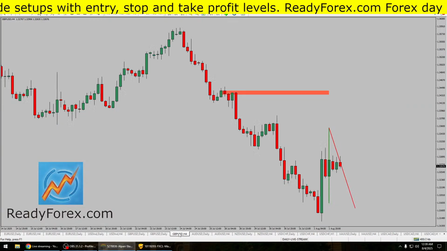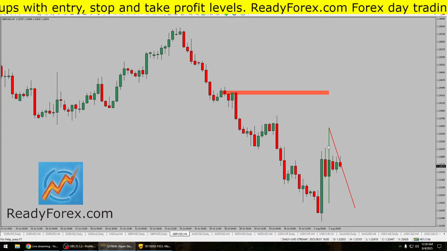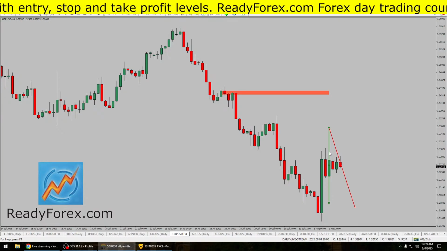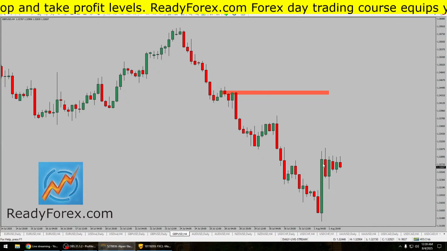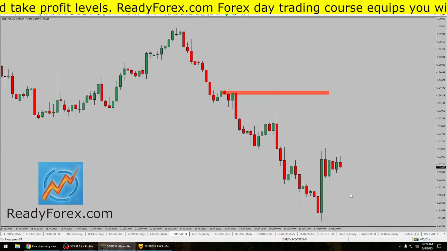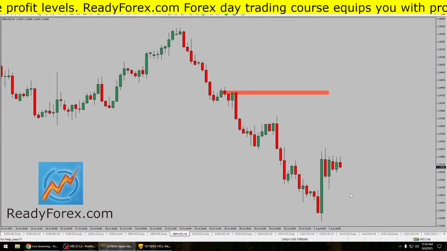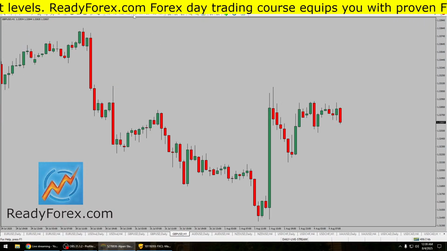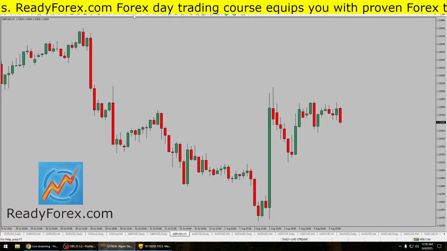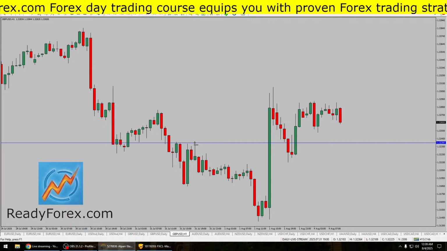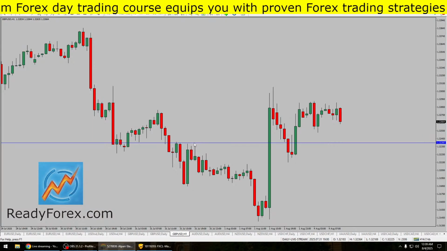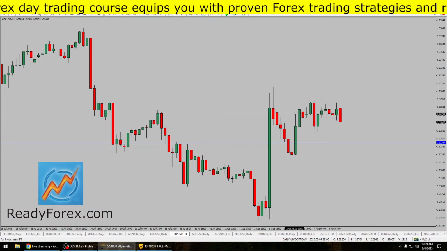Now another idea over here, that market could turn into some sort of a sideways pattern as well. It could turn into a triangle pattern or into a flat Elliott wave pattern as well. Now if you take a look at this old swing high over here, we got a clear bullish breakout.